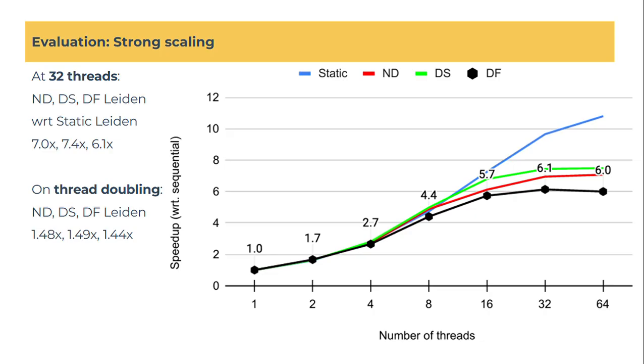We increase the number of threads in each implementation from one thread to 64 threads. The system has 64 cores, and we observe the static algorithm has the highest scaling because dynamic algorithms have reduced work to be performed in this case.